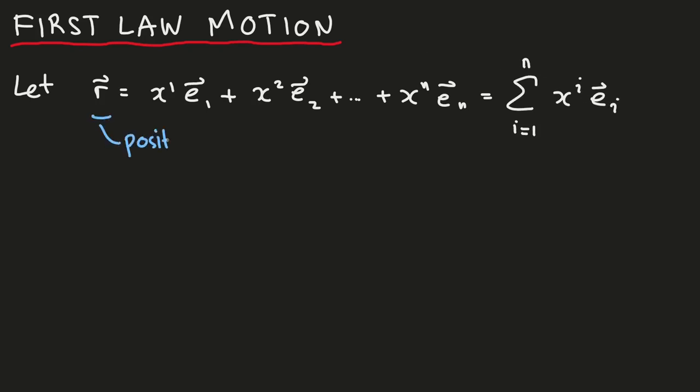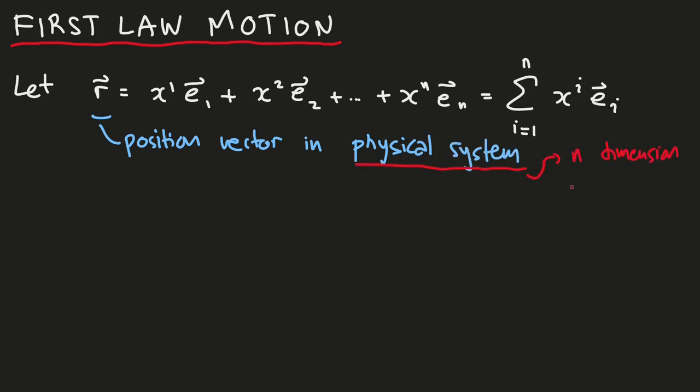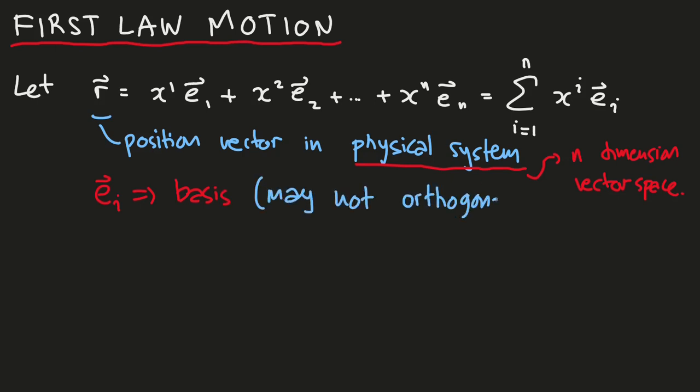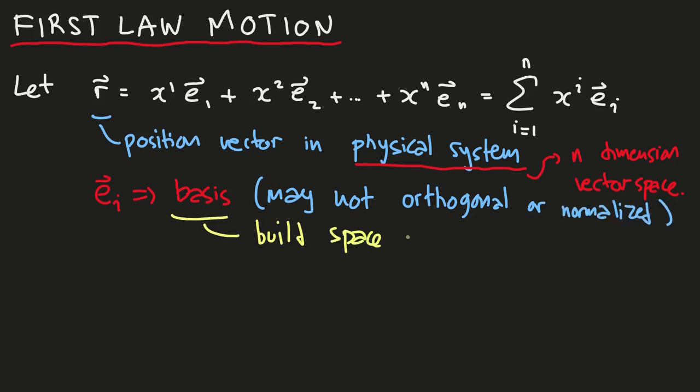Our vector is the position vector for an object in our physical system, which is in an n-dimensional vector space. Notice that this ei vector is a basis, which may not be orthogonal or normalized; it just builds the vector space as a minimum span.